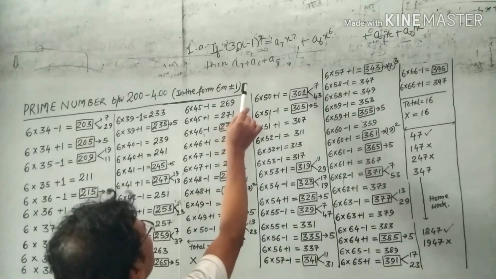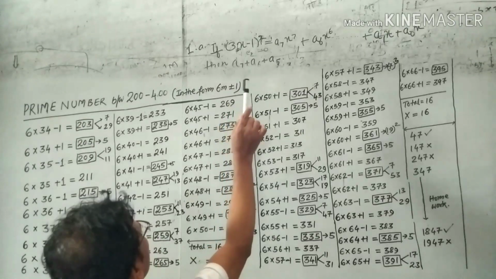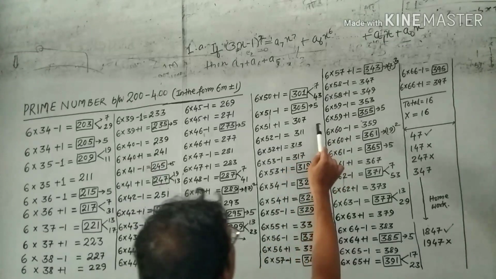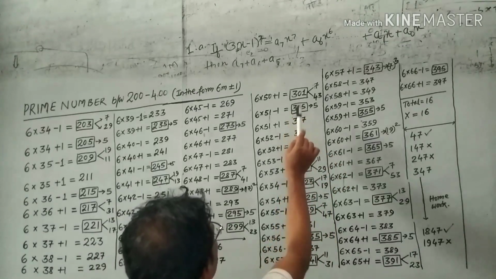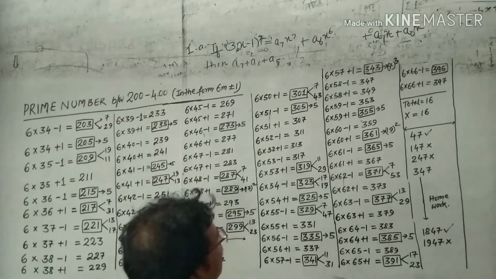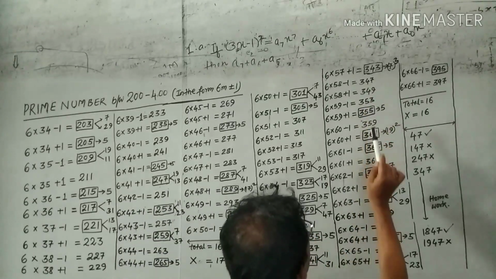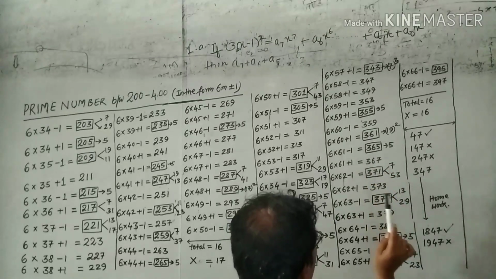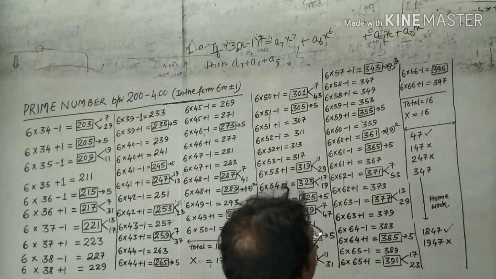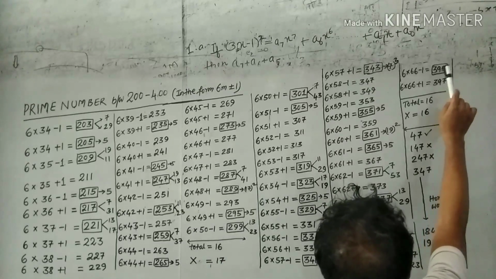The numbers which are in the form 6m plus minus 1 and are not prime numbers, their count is also, let's count, 1, 2, 3, 4, 5, 6, 7, 8, 9, 10, 11, 12, 13, 14, 15, 16, 17.